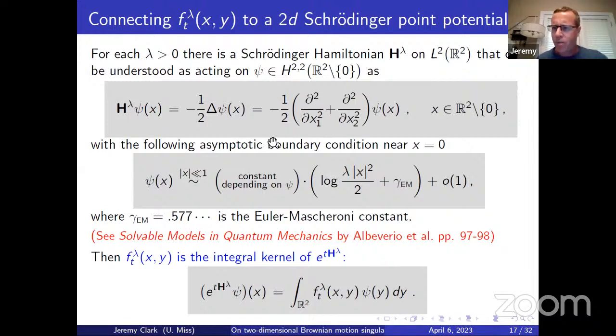I'm not going to say too much about that because maybe this isn't the most important part, but this integral kernel is related to this operator H in the following way. It is the exponential of H. If you take the integral kernel of that, that is where this F comes from. So it comes from quantum mechanics in this way.